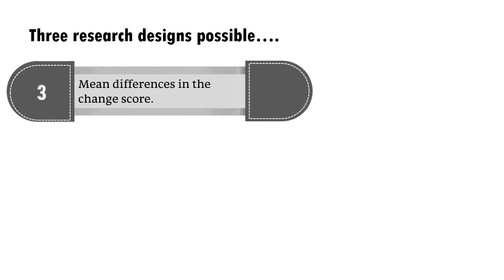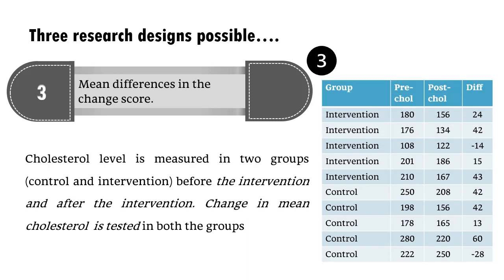The third research design could be, if you want to test the mean differences in the change score. Like in this example, there are two groups, intervention and control group, and cholesterol level is measured in the two groups before the intervention and after the intervention.